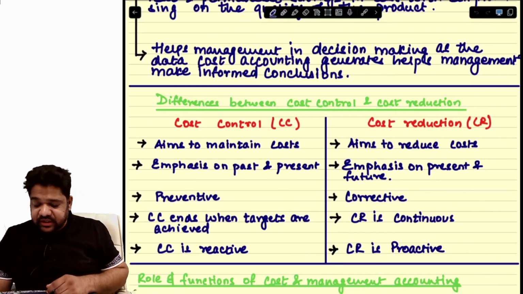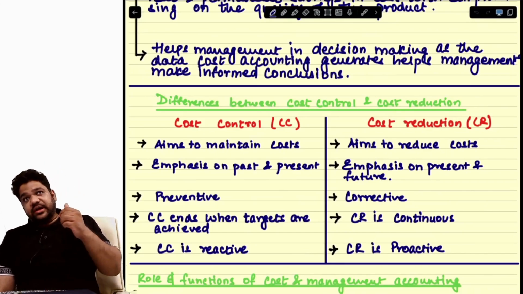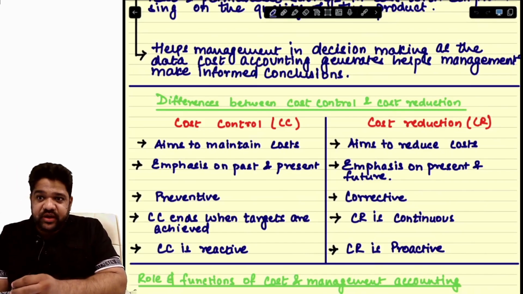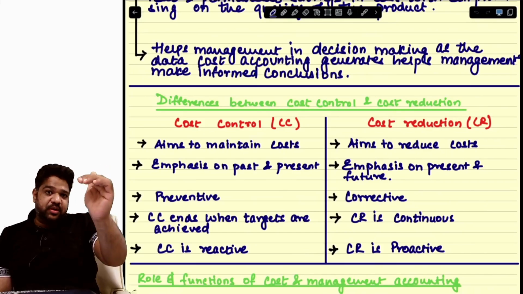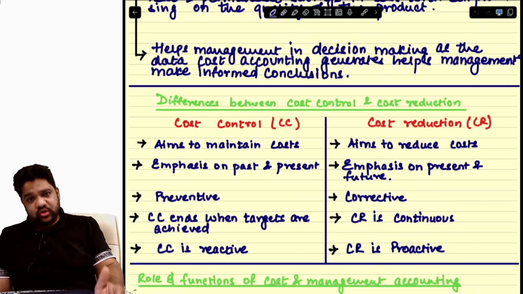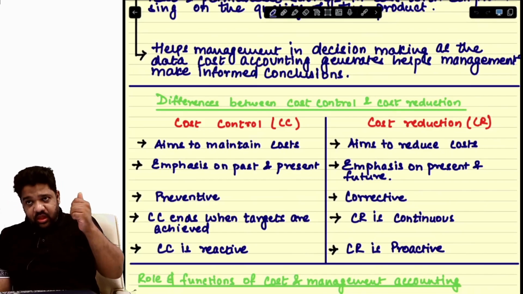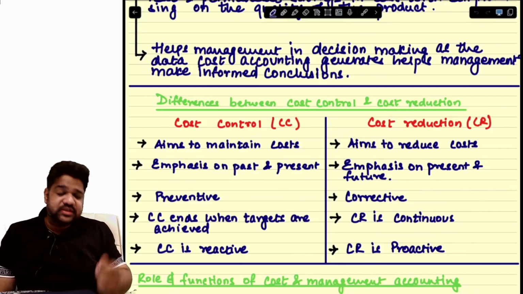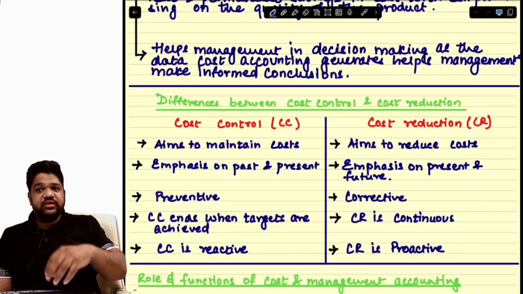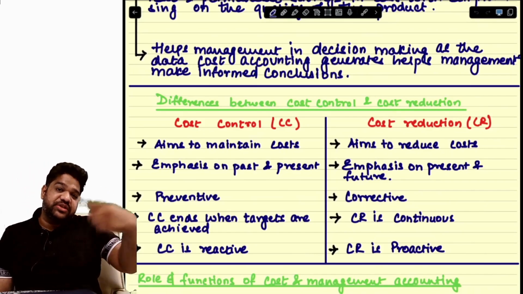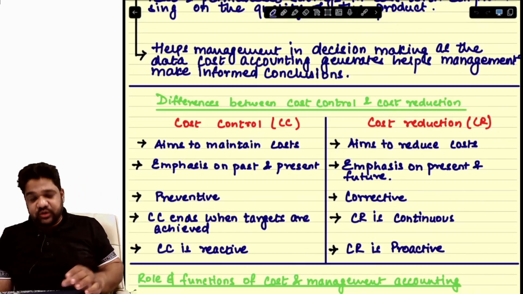There's a shift in the dynamics over here. This one is corrective in nature. Why? Because you are not really stopping the cost from going beyond a particular range; you are actually redesigning the cost itself. And it is a continuous process. Cost control says that once my target is done, I'm done. Cost reduction always believes there's scope for improvement, so it keeps changing and improvising on the cost.